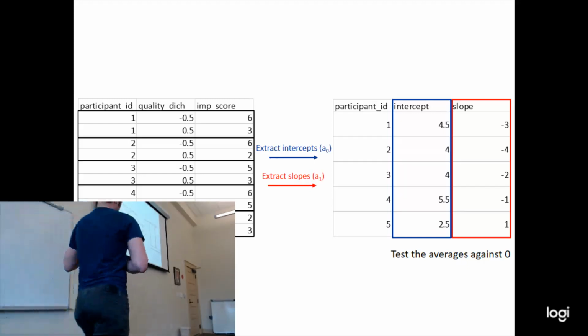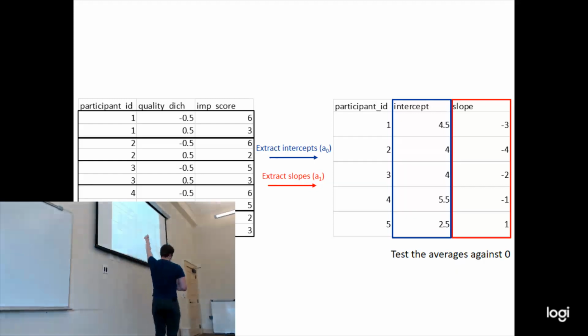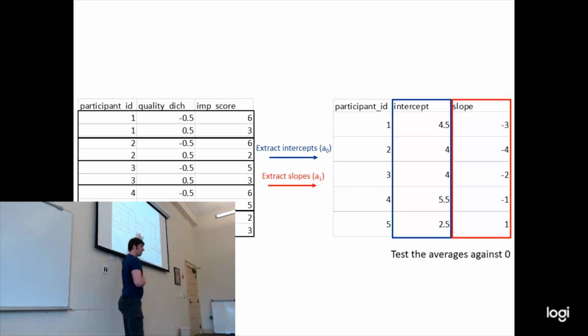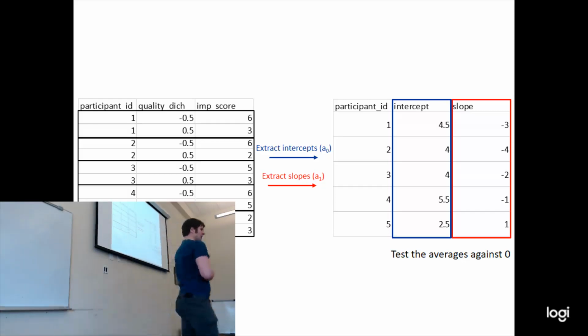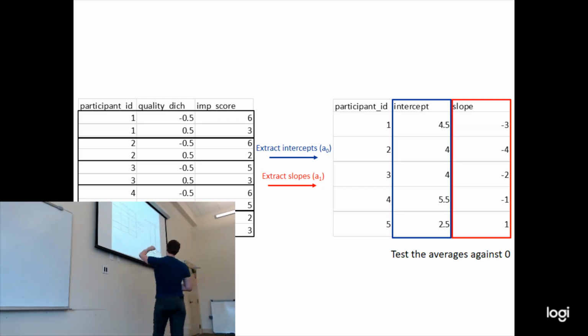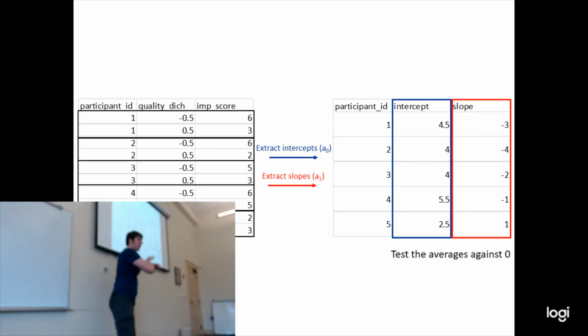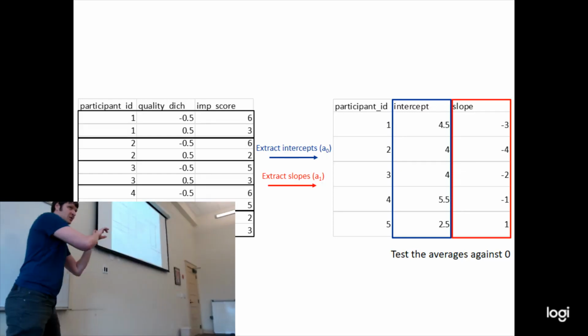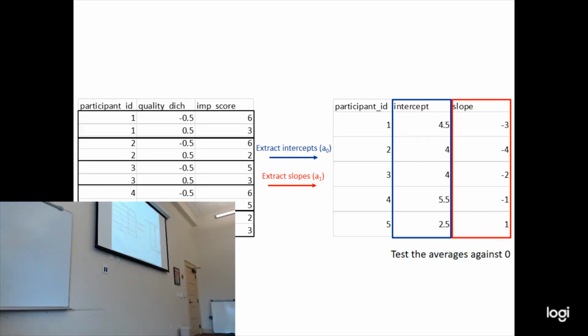I'm just going to give the intercepts and slopes that you get from those little miniature regressions a symbol to make them easier to write out as I'm formalizing this bit of the linear mixed effects model.